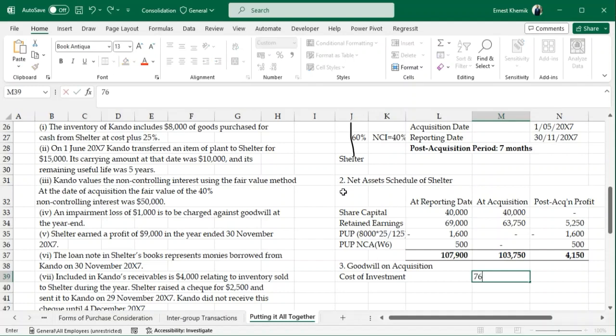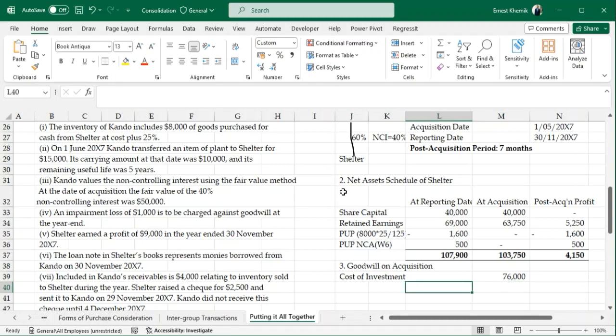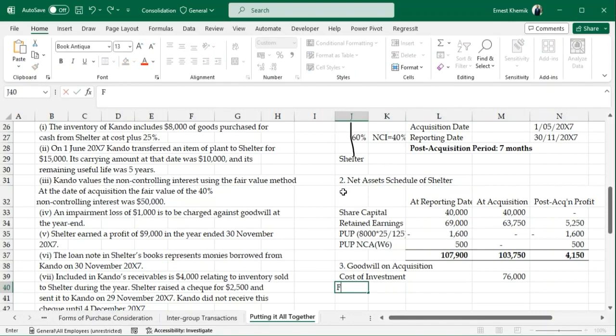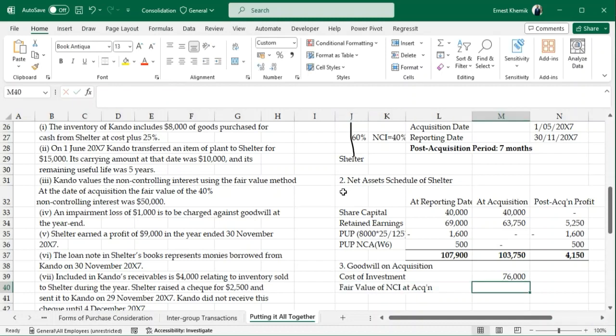So that is 76,000 here. Alright, then we will have the fair value of NCI at acquisition, and that has been given to us directly.